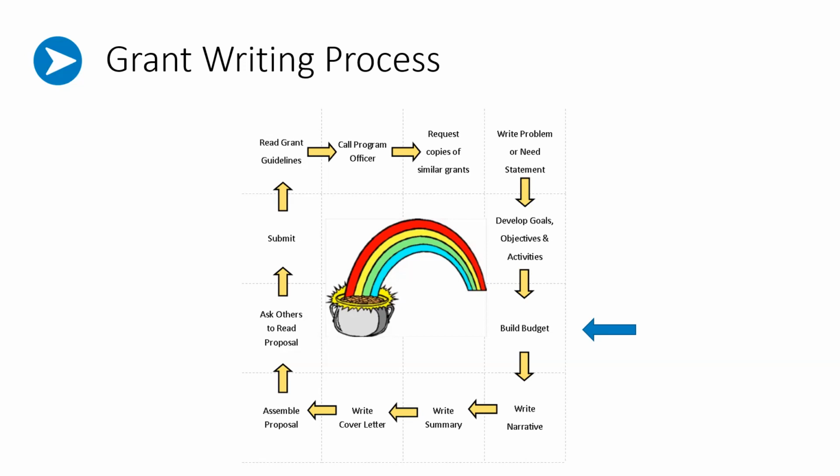So take that time to do that. And then once it's been read, you submit the grant. So like I mentioned earlier, there are lots of different processes for writing grants, and every grant writer figures out what order they're going to do the sections of the grant in when they're writing it. This just happens to be the way I go about it.